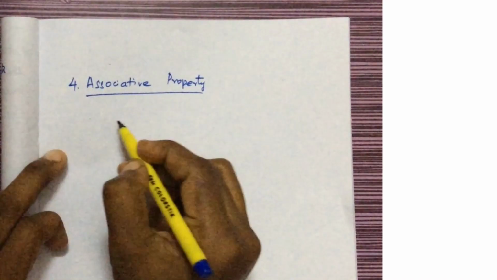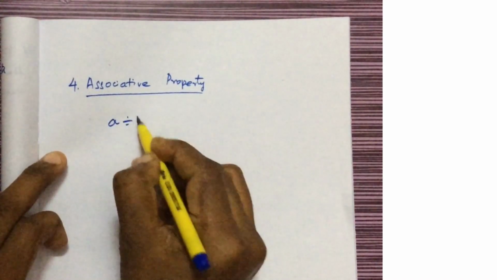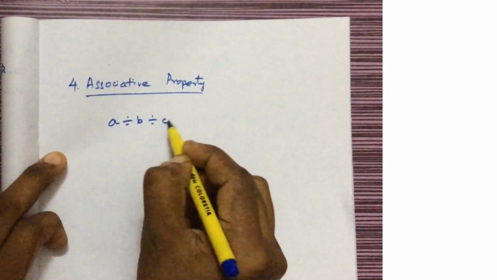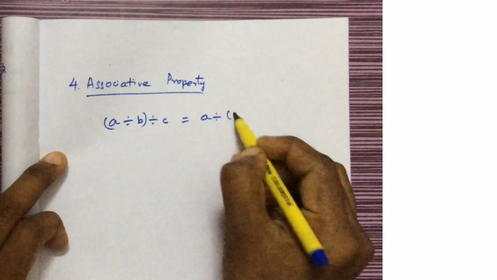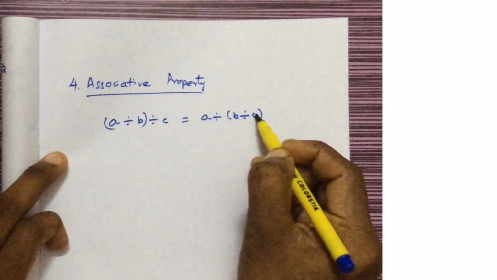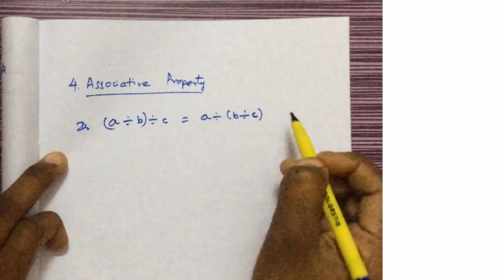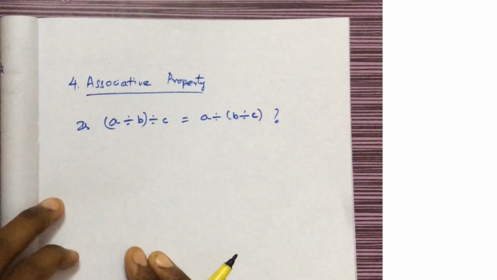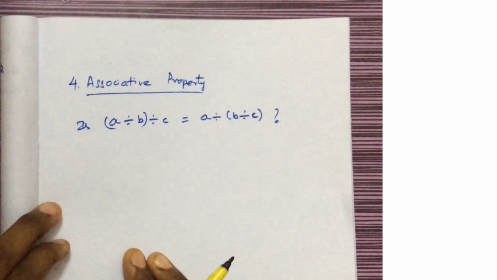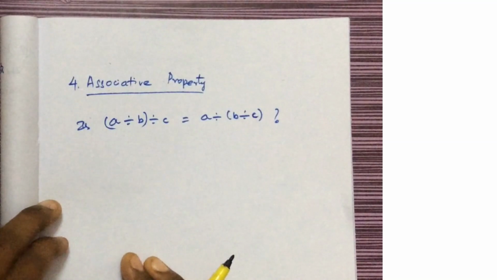So we have to check if (a ÷ b) ÷ c is equal to a ÷ (b ÷ c). Whether this is equal. If this is equal, we can say that division of integers satisfies the associative property.